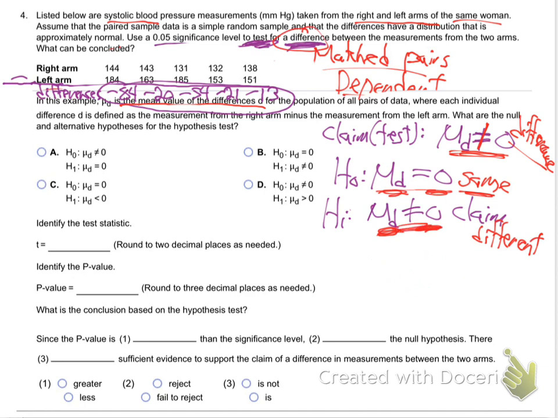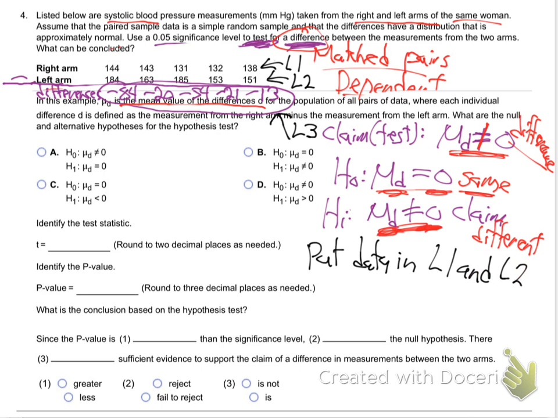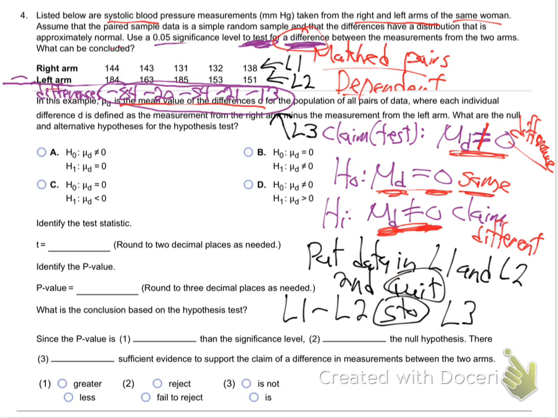Okay. So you know what to do with your calculator at this point. You put this data into L1, put this data into L2, and then the differences will get stored in L3. How so? You put data in L1 and L2, then you go second, quit out of that main screen, and then you go L1 minus L2 stored into L3.